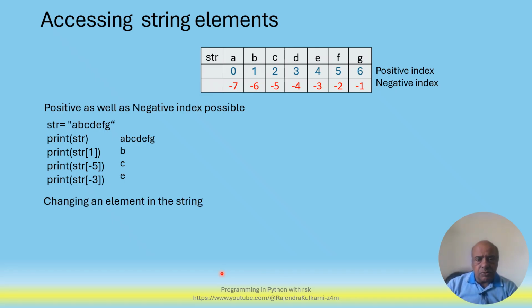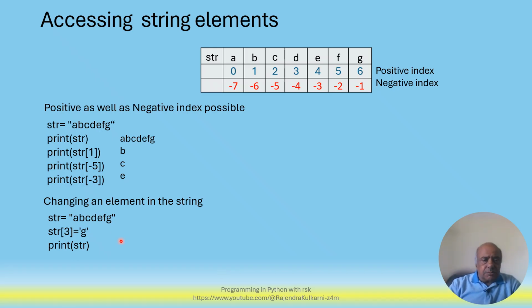Now if we want to change an element in the string once we have defined it in our program, how to do it? Is it possible? Let us see what happens when we want to change a character in the string.